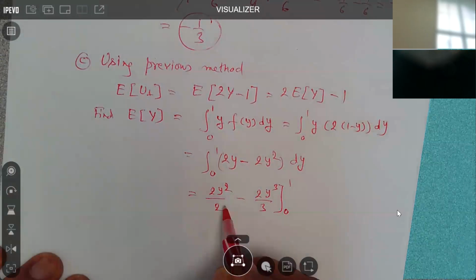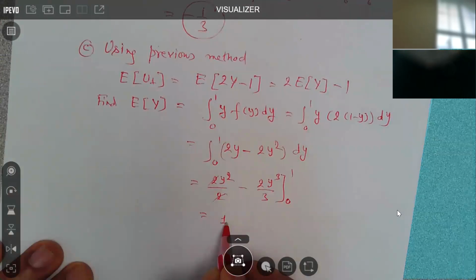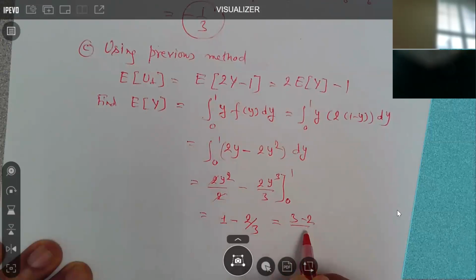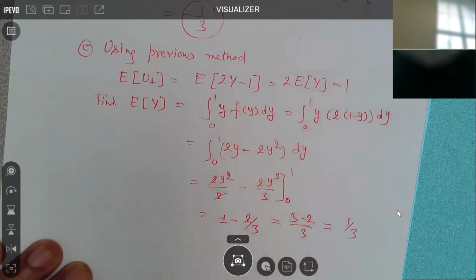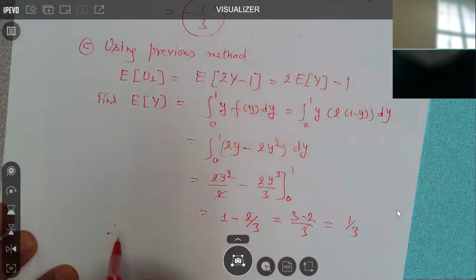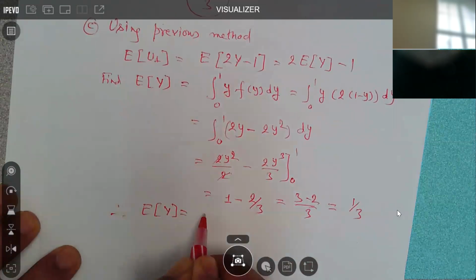Now you plug in here, this cancels here. So this is equal to 1 minus 2 over 3. So this is equal to 3 minus 2 over 3. So this is equal to 1 over 3. Now this is the expected value of y, right? Therefore, expected value of y equals 1 over 3.